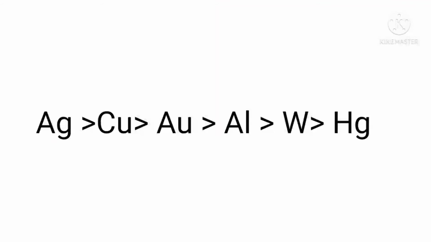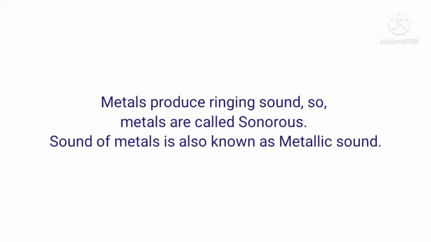That is, among metals, silver is the best conductor of heat and electricity. Next property is that metals are sonorous. That is, they produce sound on striking a hard surface. That is why metallic wires are used for making musical instruments.